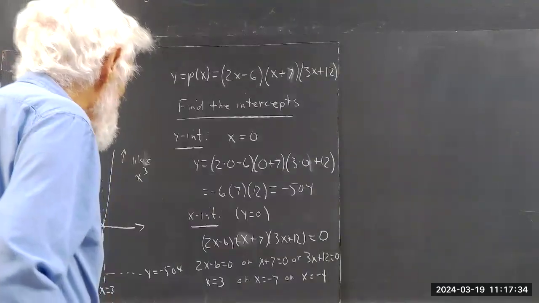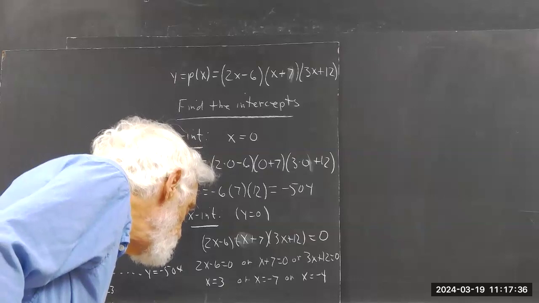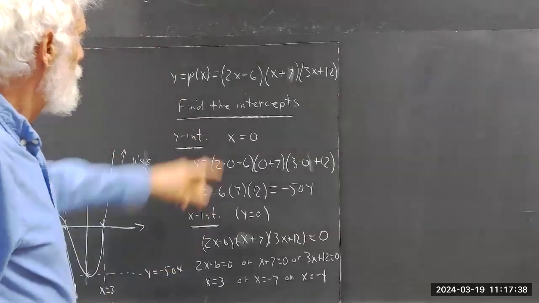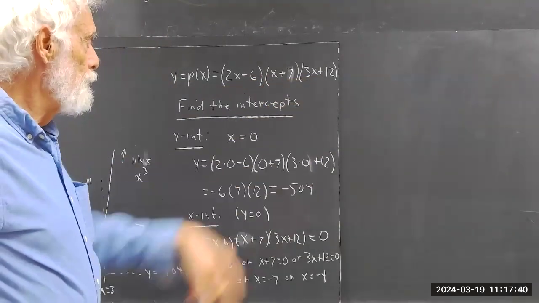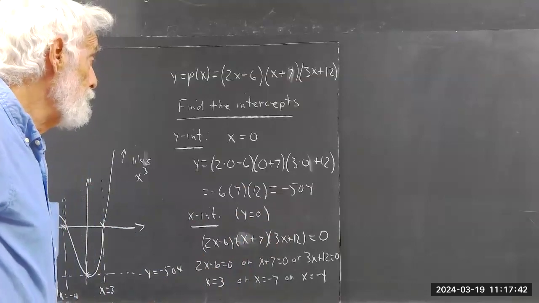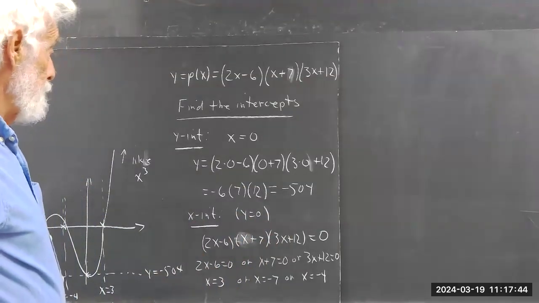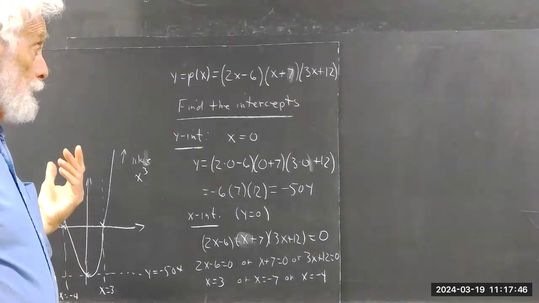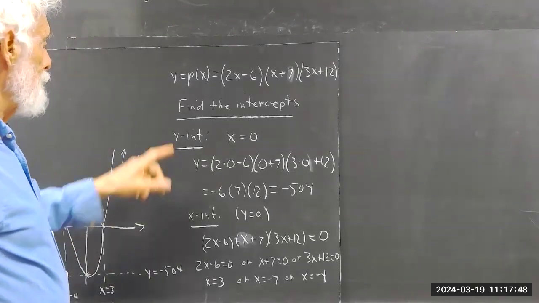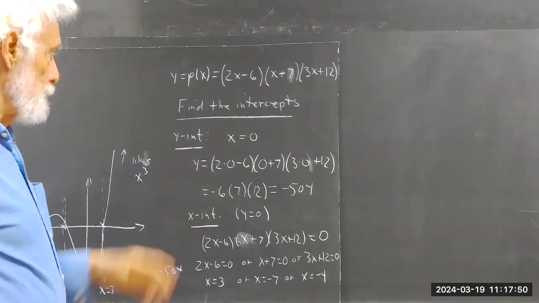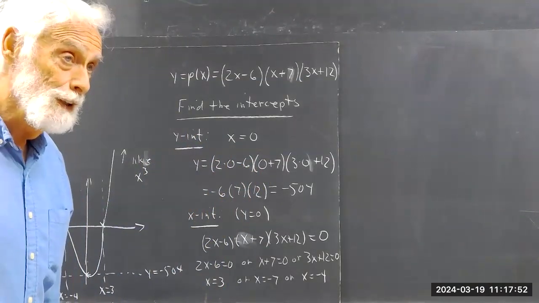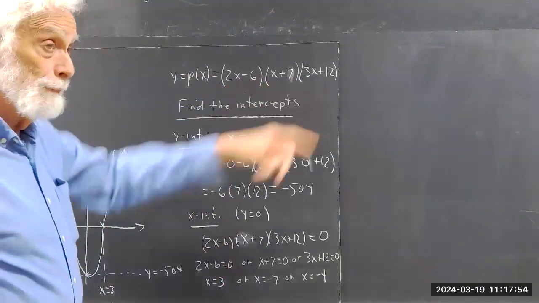Okay, so another example. If your function factors like this, find the intercepts. Well, I chose to find the y-intercept first because that's usually the easiest one. You just let X equal 0 and see what you get.